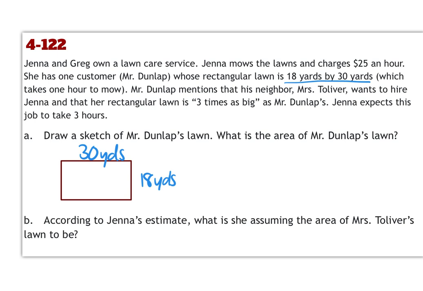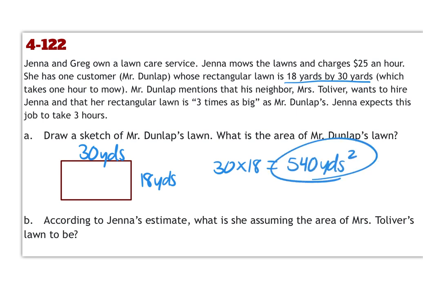In order to find the area, we take 30 times 18, which is 540 yards squared. B, according to Jenna's estimate, what is she assuming the area of Mrs. Tolliver's lawn to be? Go ahead and please pause and take the time to answer that question.